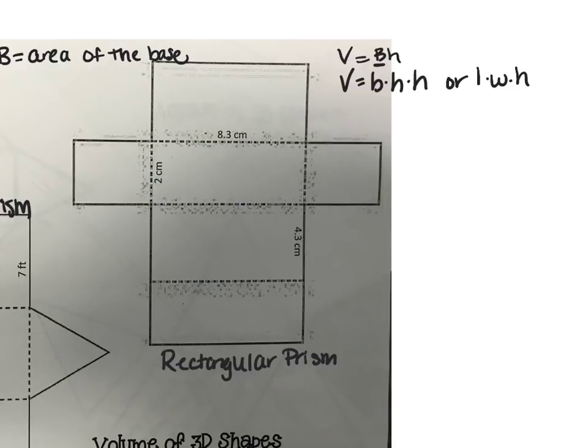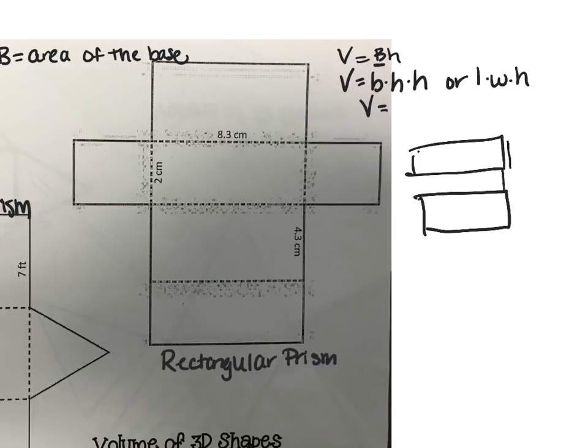Okay, so the volume. I know this is in a 3D form, so remember we're talking about a rectangular prism. Kind of like that. I'm going to say that the base is this piece right here, so the top would be this piece right here.